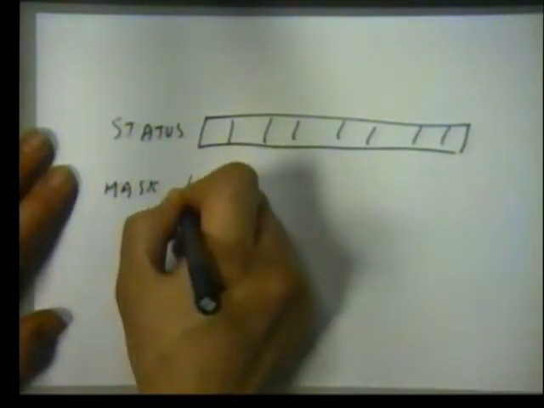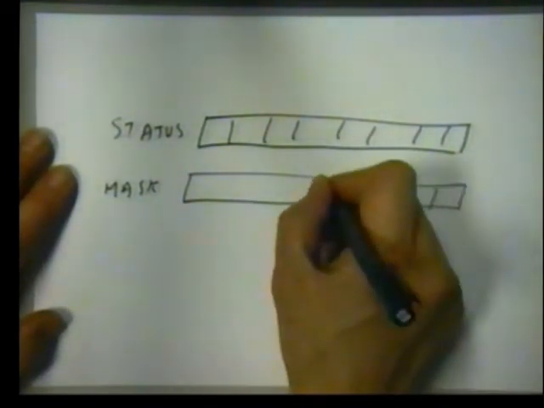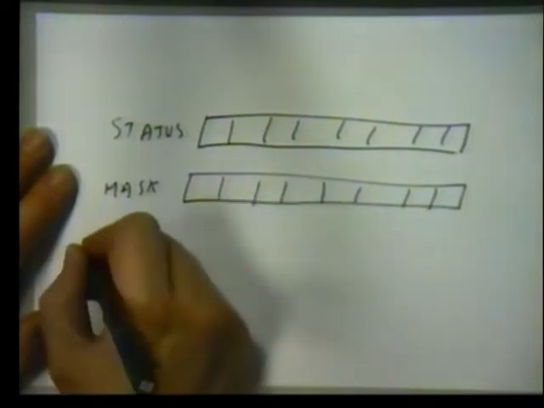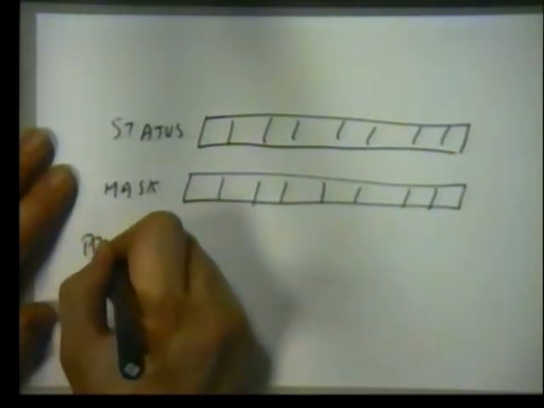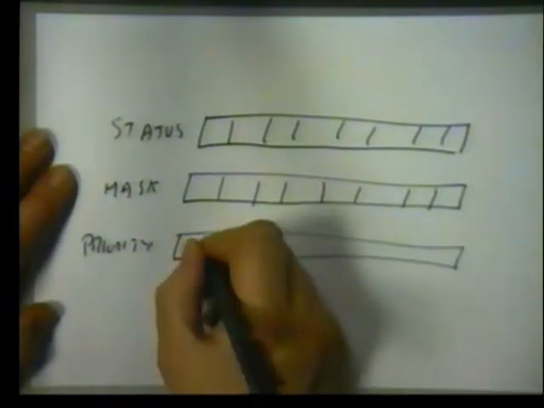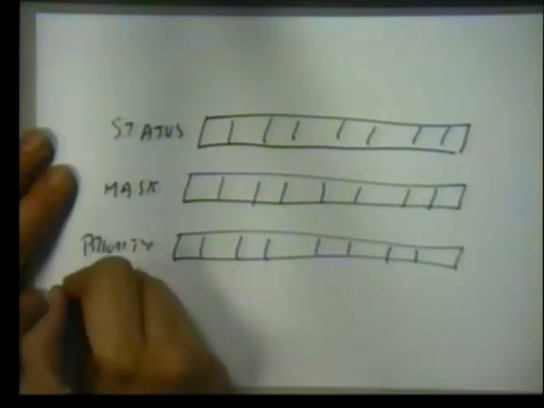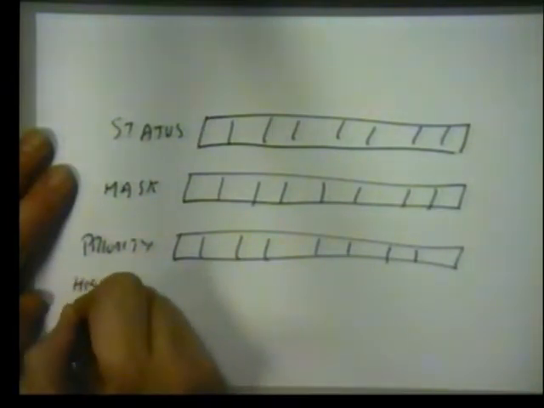Associated with the status is the mask register, and this is used to enable or disable specific interrupts. And finally, there is a priority register. It's usually only one bit. You normally only get either a high priority or a low priority.